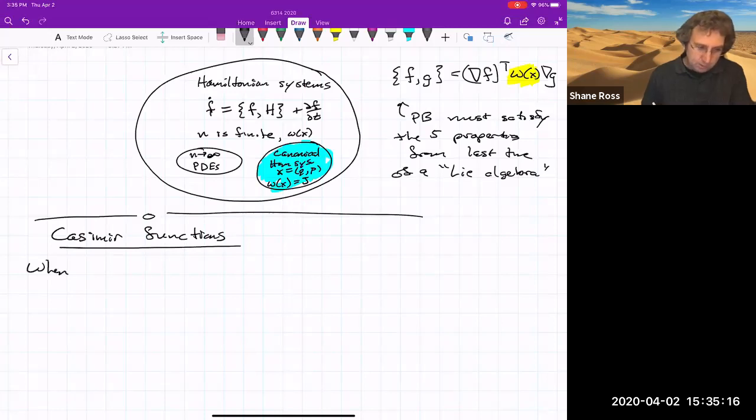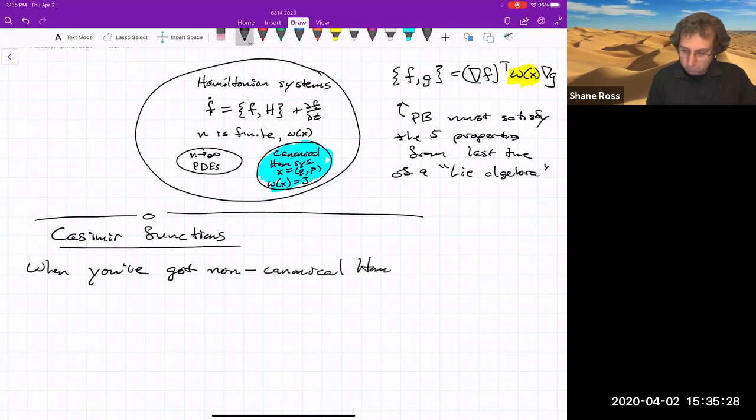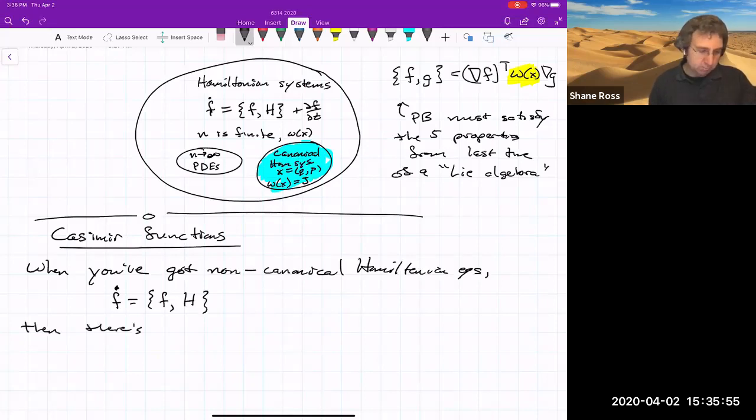Well, when you've got non-canonical Hamiltonian equations, I'll just assume for the time being that any function f that I care about does not have explicit time dependence. So I'm just going to write the equation of motion of f: f dot equals the Poisson bracket of f with h. When you've got that, then there's a new category of constants of motion.